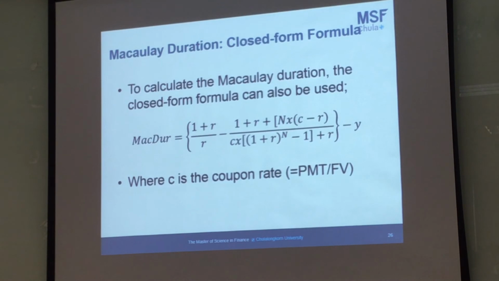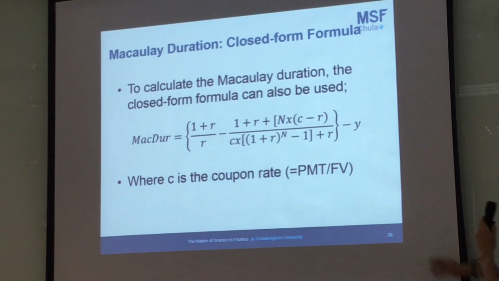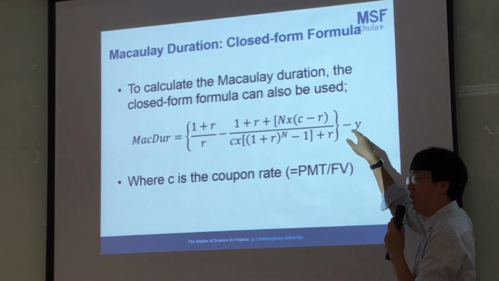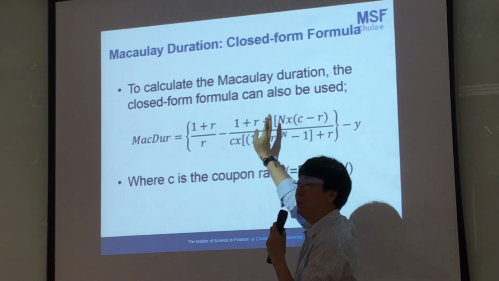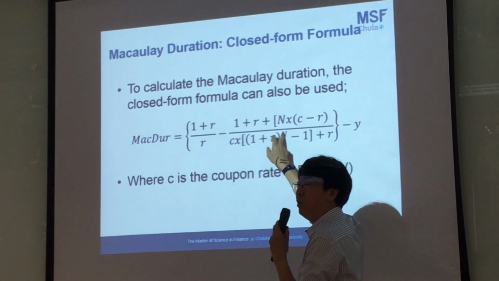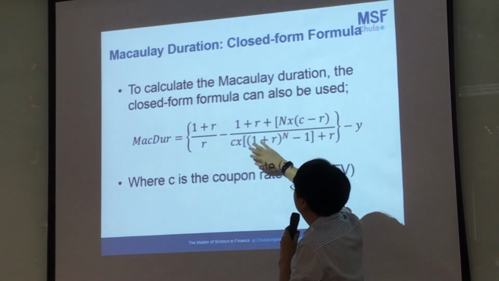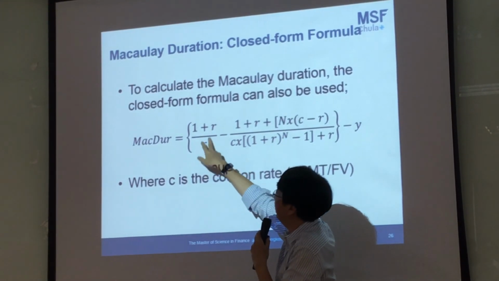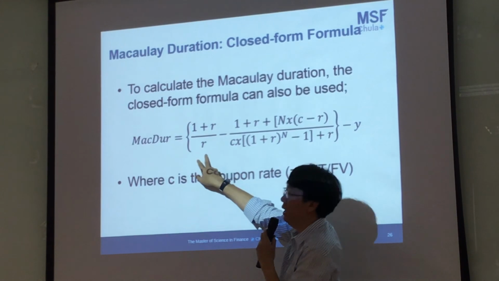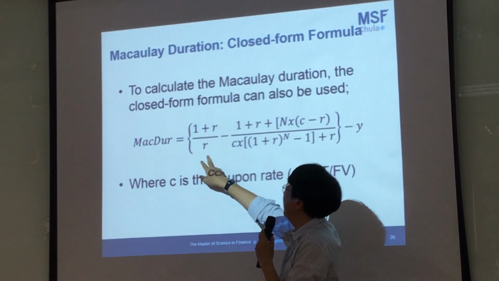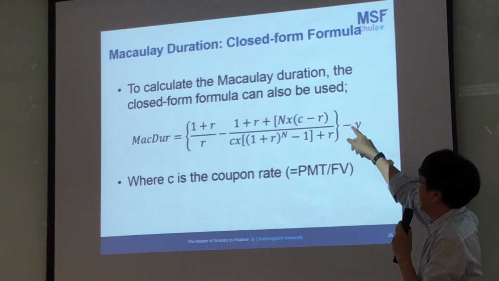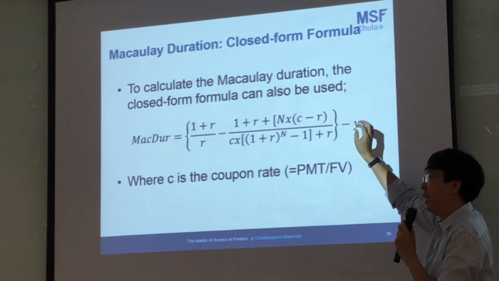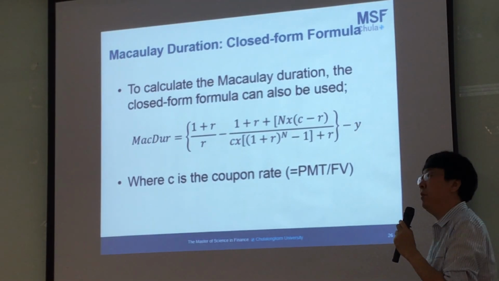In case of y equal to 0, you price the bond at the coupon payment date. You can see that this term becomes 0 when n, the number of periods, goes to infinity. So the Macaulay duration of a perpetual bond equals (1 + r) over r, assuming we price the bond at the coupon payment date.